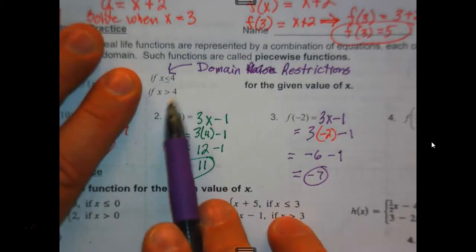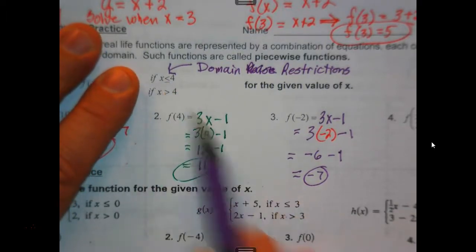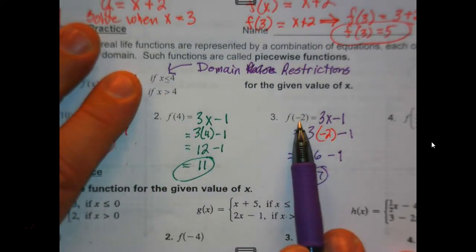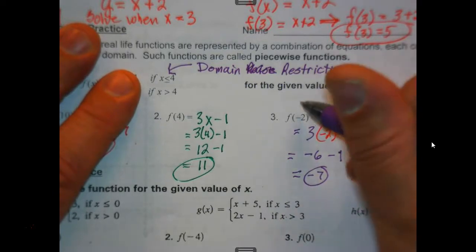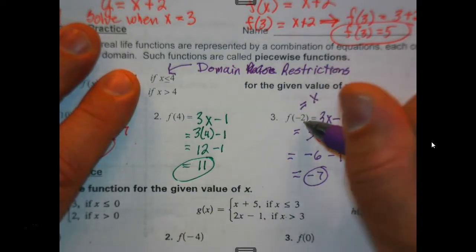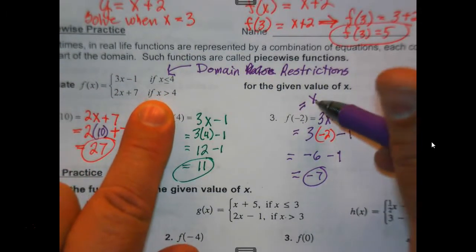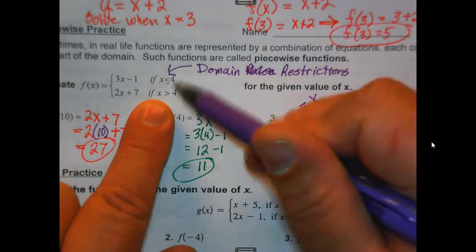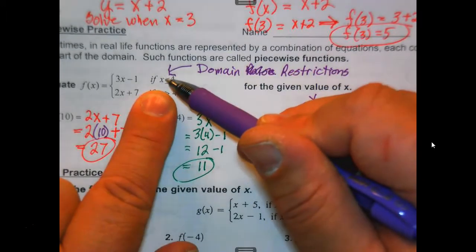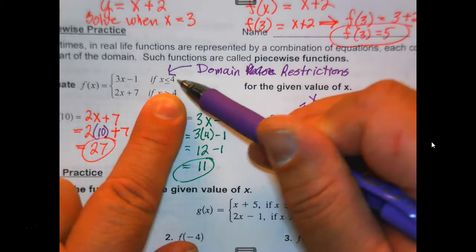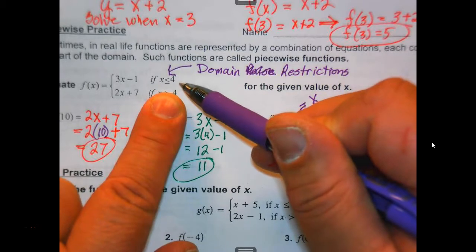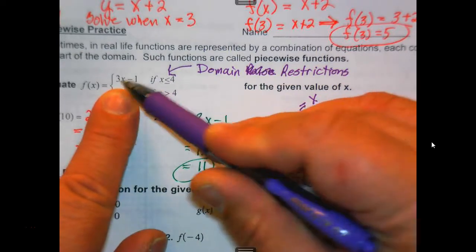This is our restrictions. We have to follow this. I chose our x is negative 2, right? Negative 2 equals x. So I look at here and say, which one of these makes it true? Negative 2, is negative 2 less than or equal to 4? Yes. So I have to use 3x minus 1.